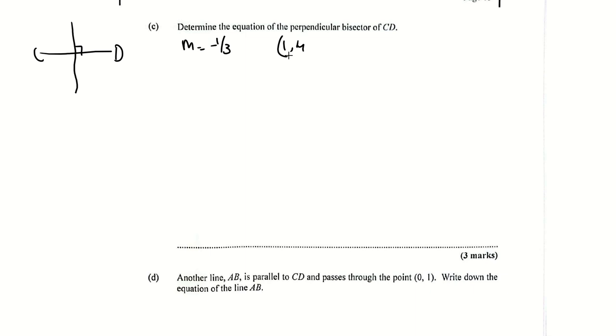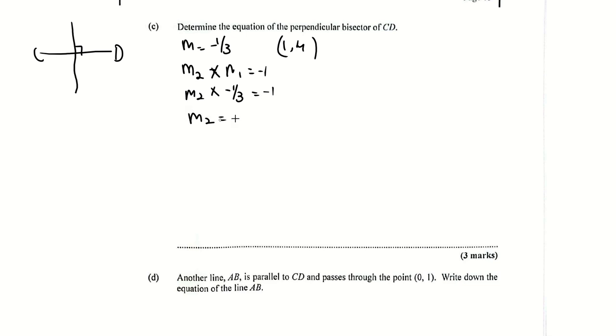1, 4. So the gradient of my second line, my perpendicular bisector, m2 times m1 is negative 1. So that is m2, which is the gradient of the perpendicular bisector, multiplied by negative a third is equal to negative 1.